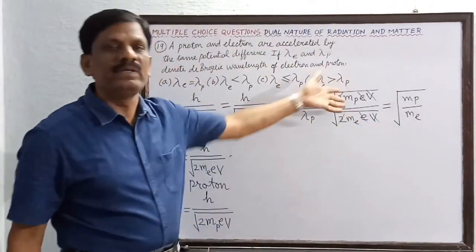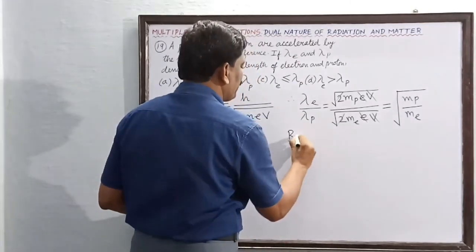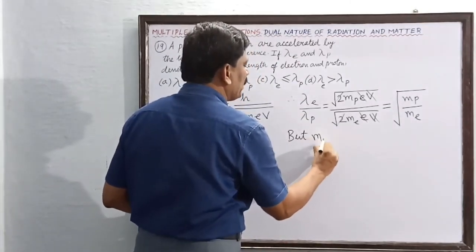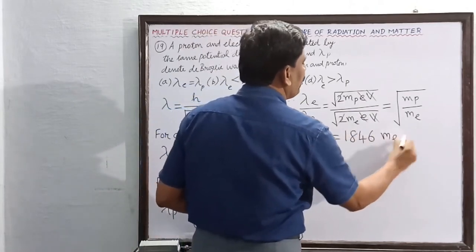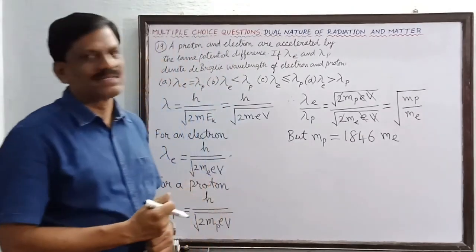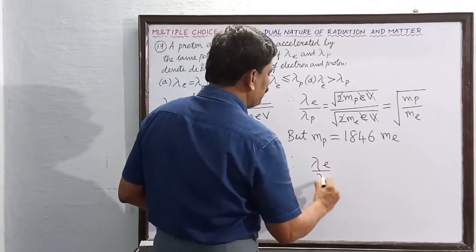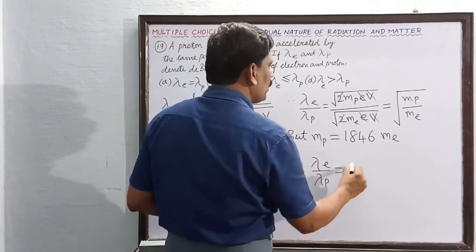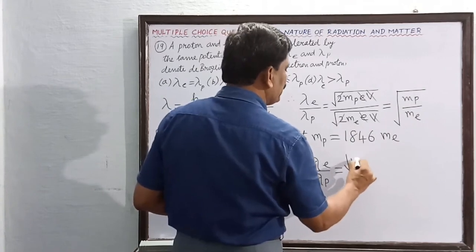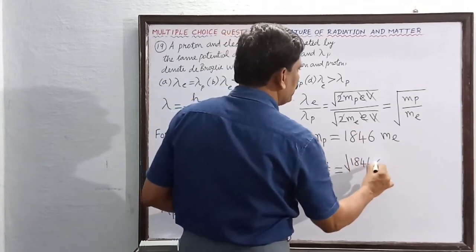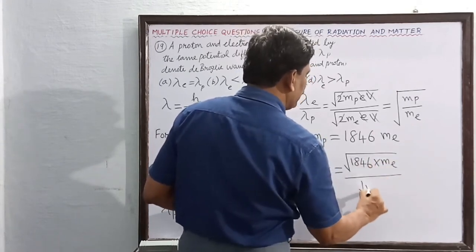What do you mean by mp? Mass of a proton. But mass of a proton, mp, is equal to 1846 times the mass of an electron. Therefore, lambda E by lambda P is equal to square root of 1846 into me divided by square root of me.